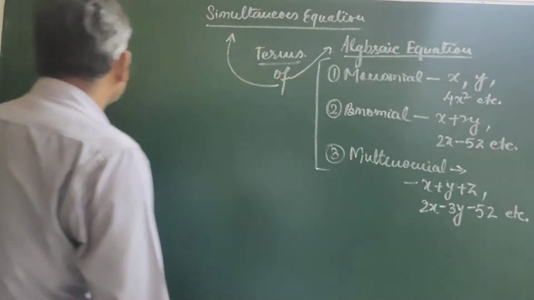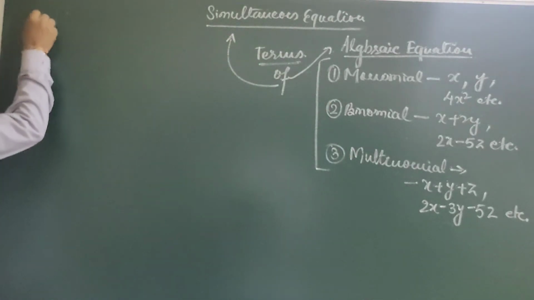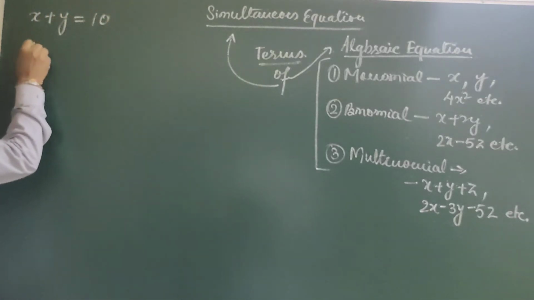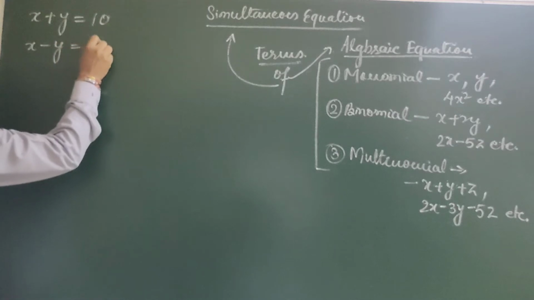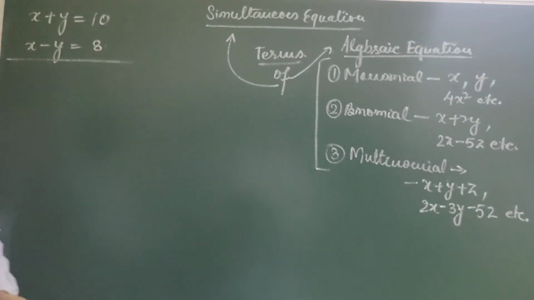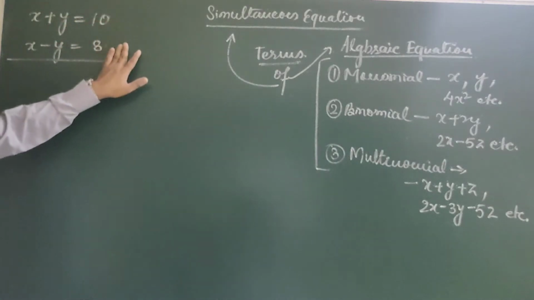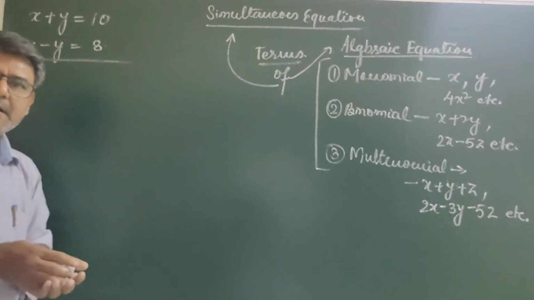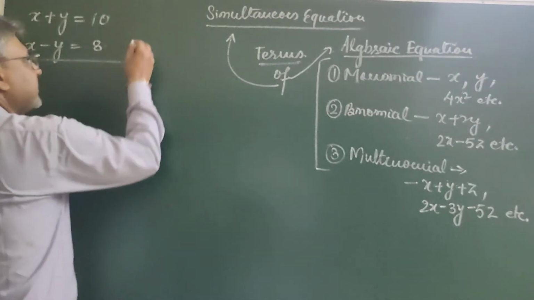Now the first one is x plus y equals 10, x minus y equals 8. Suppose that two equations are there. Now the first one, this one, and the second one. And the method used is elimination method.